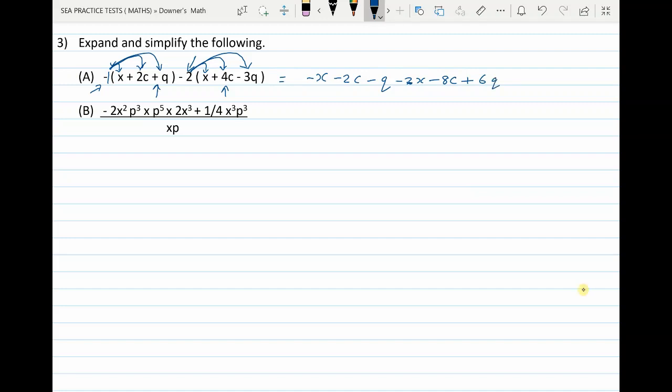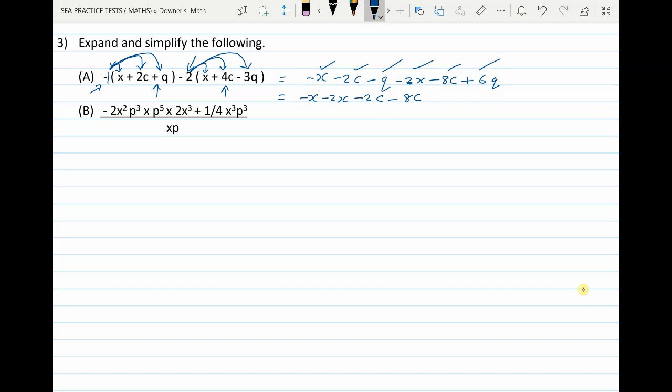So if we group all the x's together, we'll end up with what we are looking for. So we're going to group the minus x with the minus 2x, we're going to group the c terms together, minus 2c minus 8c, and then we're going to group the q terms together, minus q plus 6q.